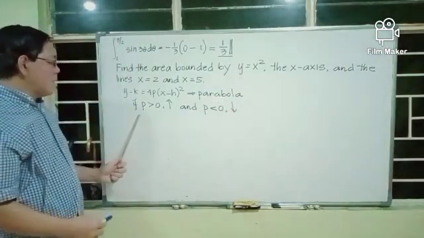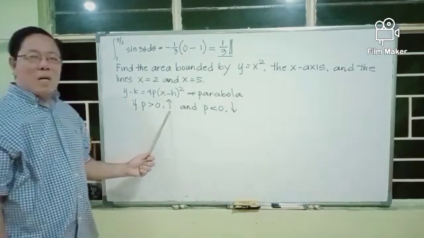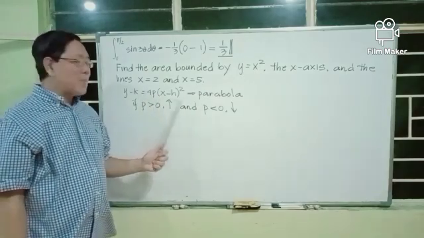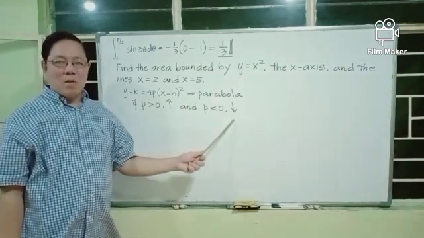And if p is negative, less than 0, the parabola opens downward.